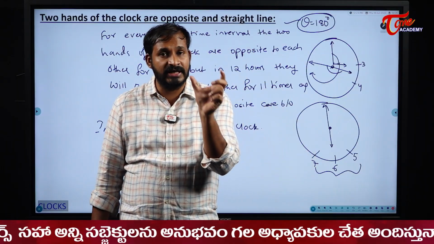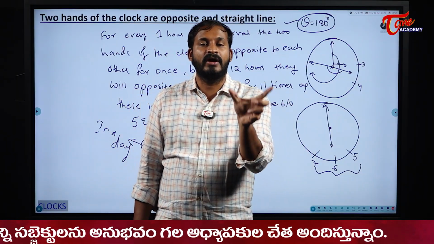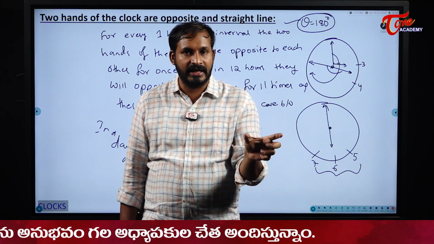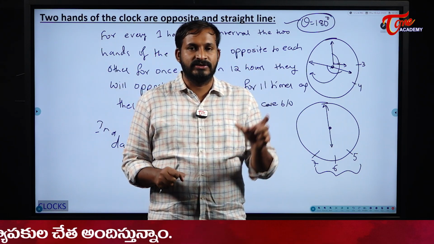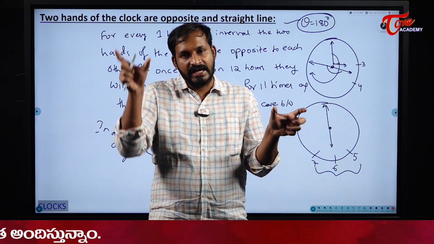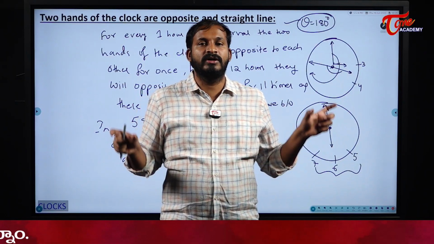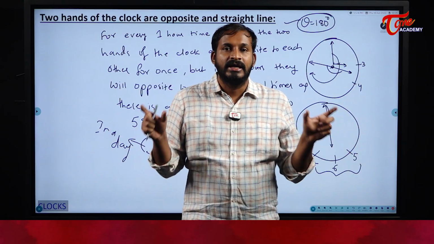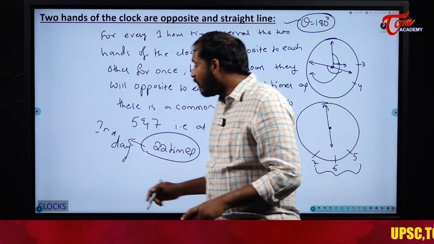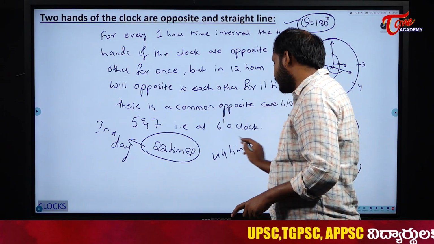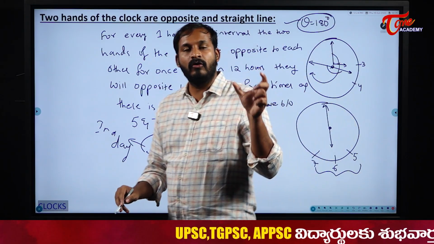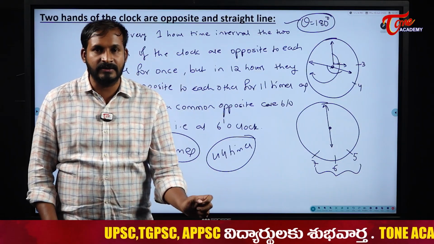If he simply says that in a day the two hands of the clock are in a straight line, we should consider both overlap as well as exactly opposite. Overlap is 22 times, exactly opposite is also 22 times. So in a straight line, 44 times. If he uses the word overlaps, it means 22 times.